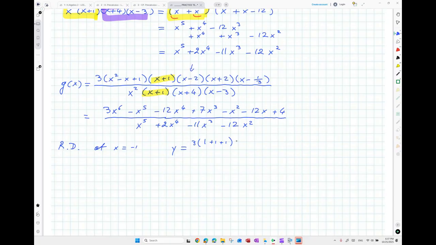So I'll have negative 1 minus 2 times negative 1 plus 2 times negative 1 minus 1/3. And at the bottom, I will have negative 1 squared, which is 1. I'm going to skip again the x plus 1, and I will have negative 1 plus 4 and negative 1 minus 3.